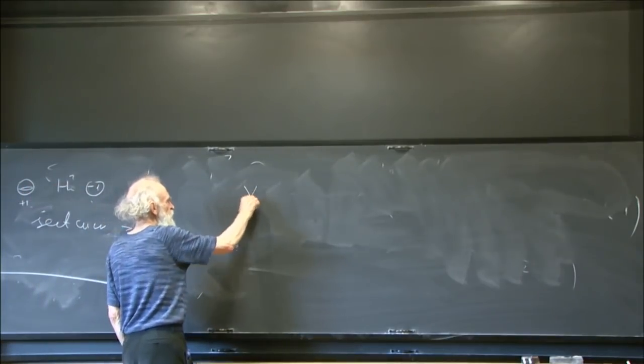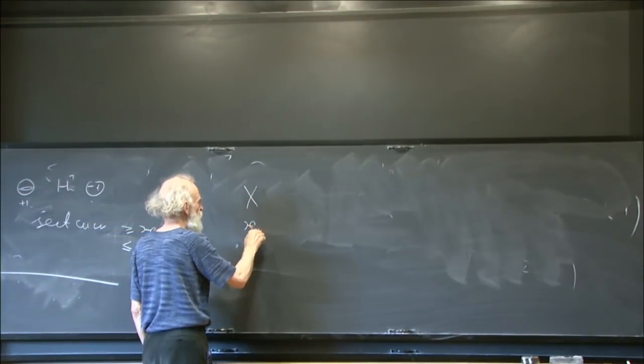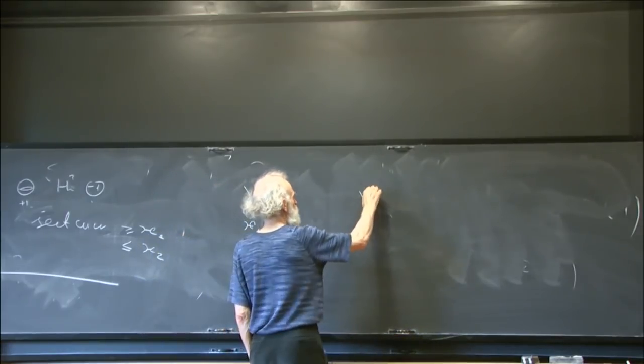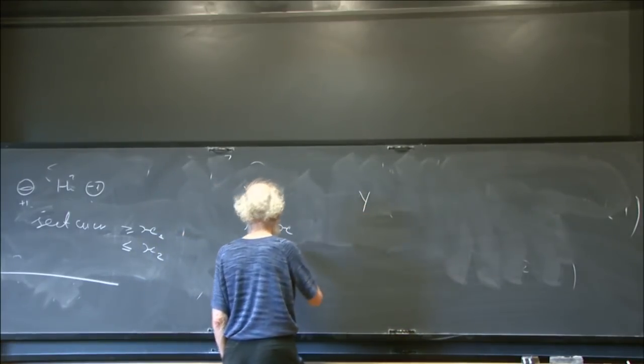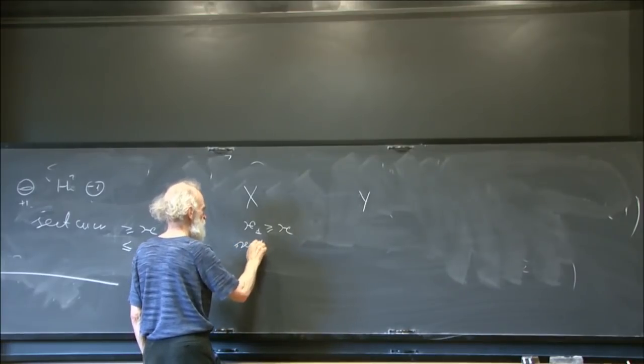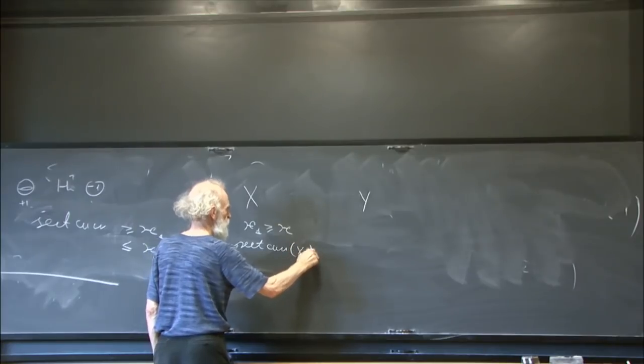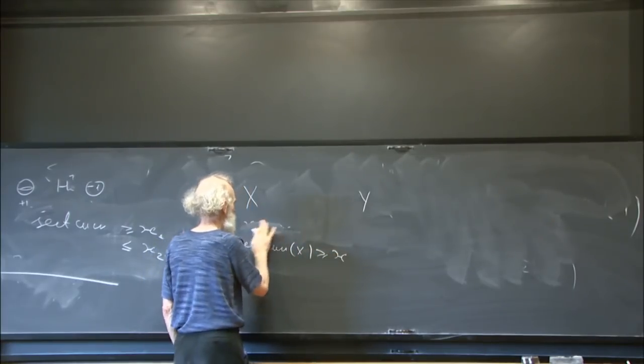So I have one space X, and here is its curvature. Maybe I say it better: sectional curvature of X greater than or equal to kappa.